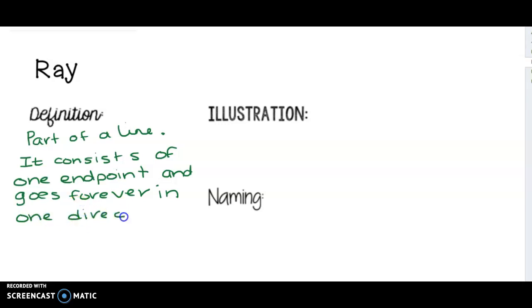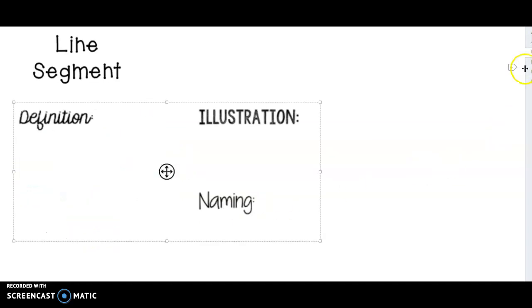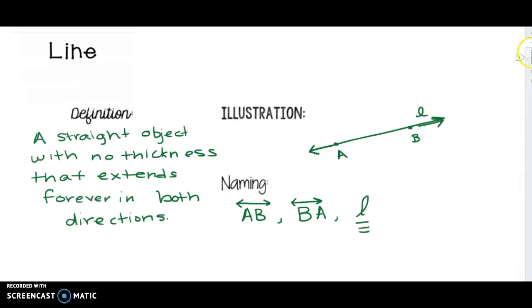So remember, lines went forever in two directions. This goes forever in one direction. And this is one dimensional. I don't think I put it on the line, but lines are also one dimensional.